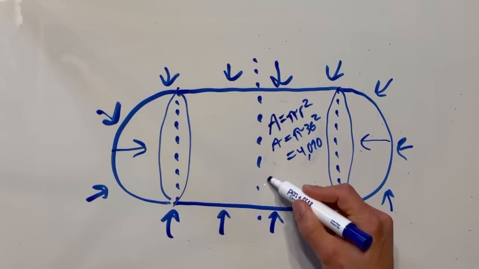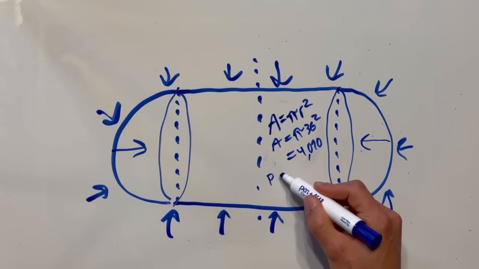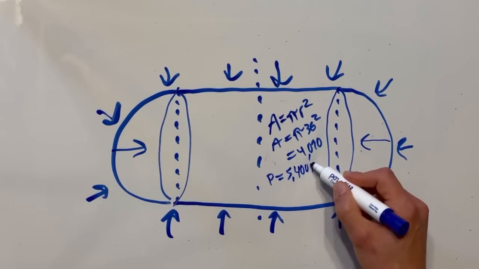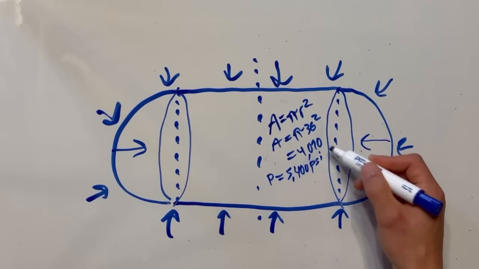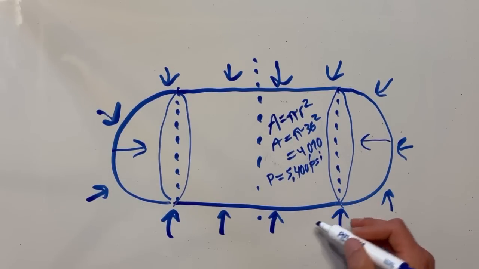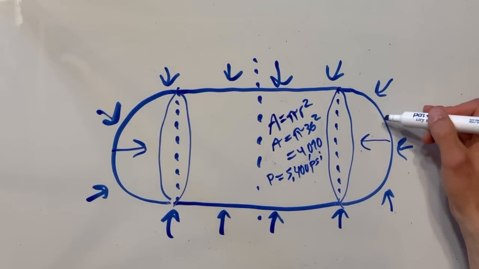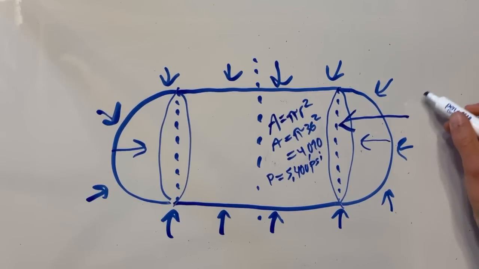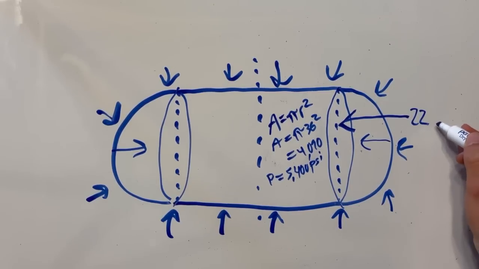And in the previous video, we said that the pressure at that depth was roughly 5,400 psi. And we can multiply the 4,070 by the 5,400, and we determine that the tube is getting squeezed on this side by 22 million pounds.